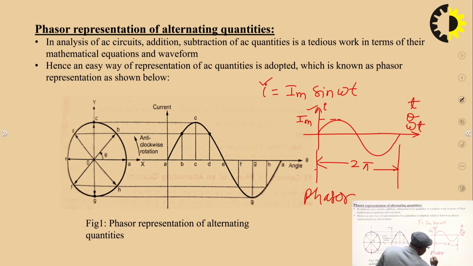So what is a phasor? Phasor means a line having constant length and rotating continuously in the anti-clockwise direction.